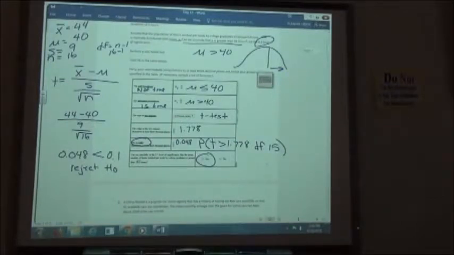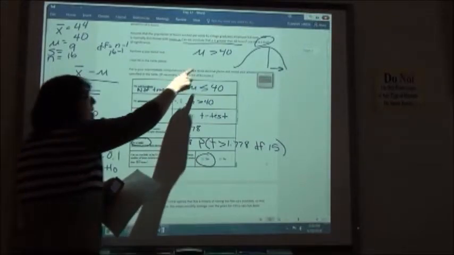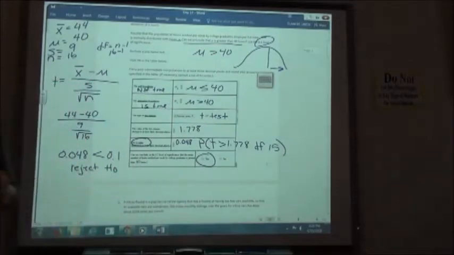Unfortunately, it doesn't give you a spot to do the degrees of freedom, and that's why we always end up a little bit off. We are doing greater than 40, so you want to make sure that the greater than 40 is highlighted. And I like to do the draw one instead of the calculate one, even though the calculate gives you the numbers. But the draw gives you the picture too.